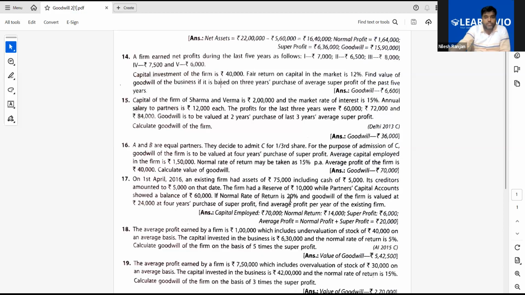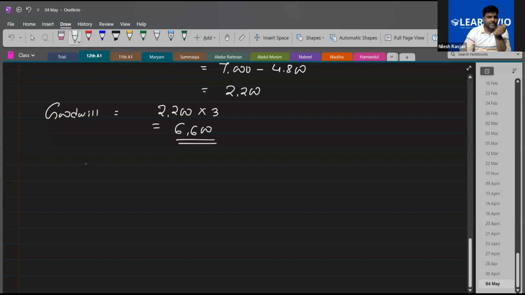If normal rate of return is 20% and goodwill of the firm is valued at 24,000 at 4 years purchase of super profit, find average profit per year of the existing firm. Now, in this question, goodwill is already given. We have to calculate average profit based on that. So this is a little bit complicated.